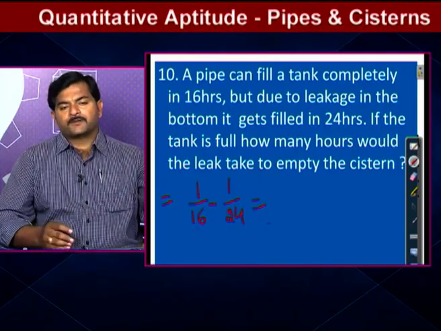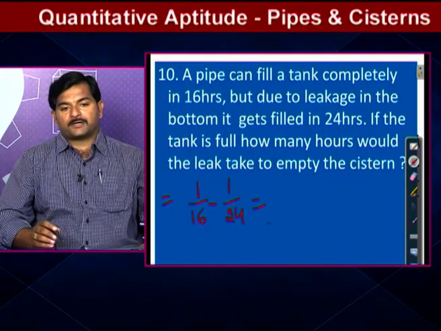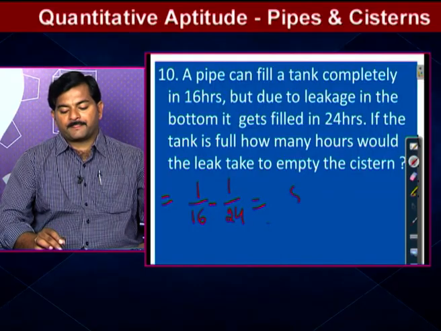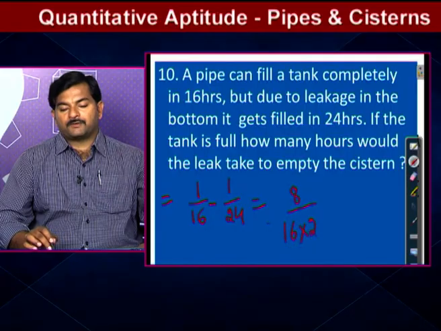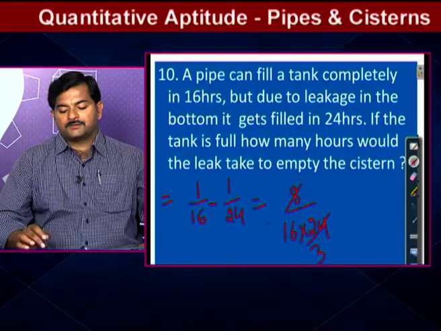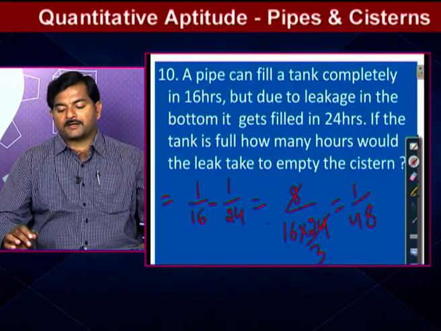Solving this, you can use cross multiplication or the LCM method. So for 16 and 24, take the LCM, or cross multiplication. 24 minus 16, I am getting 8. 8 over 16 into 24: 8 ones are 8, 8 threes are 24, and 16 threes are 48.